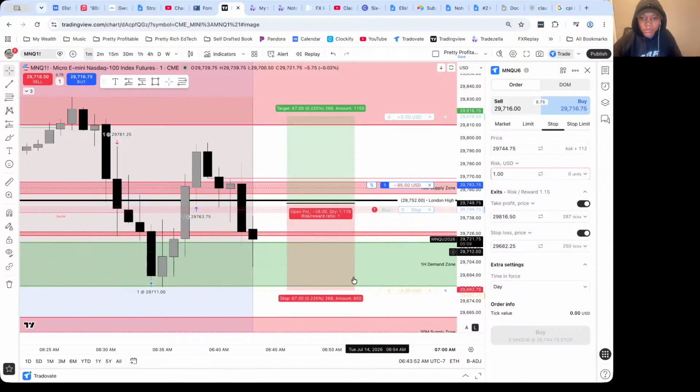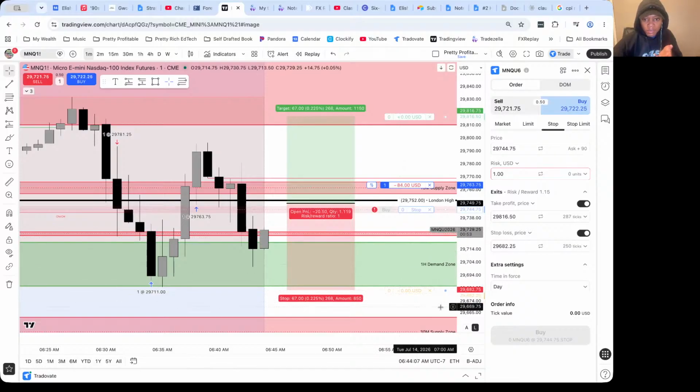So I'm struggling just understanding this part. I'm still in the trade, but I feel like I'm manually in a trade, and I don't know what I'm doing wrong.